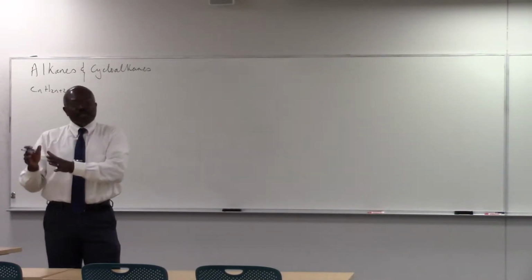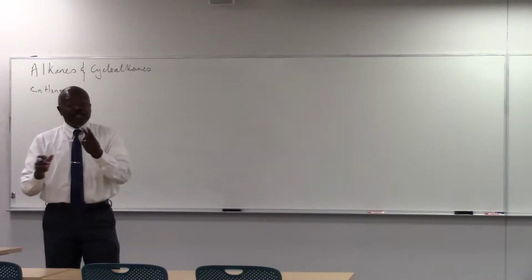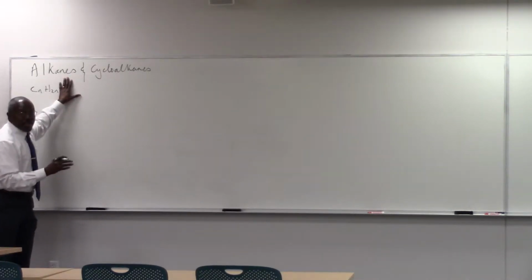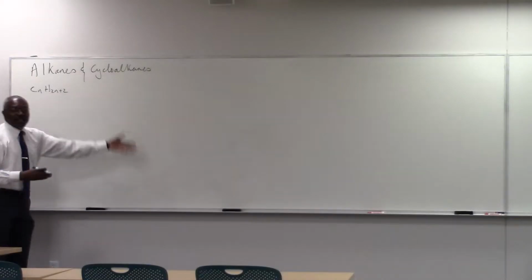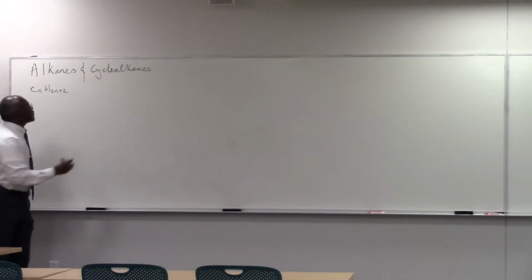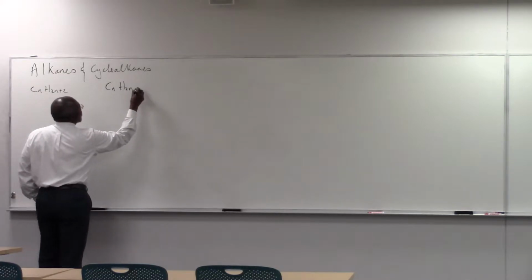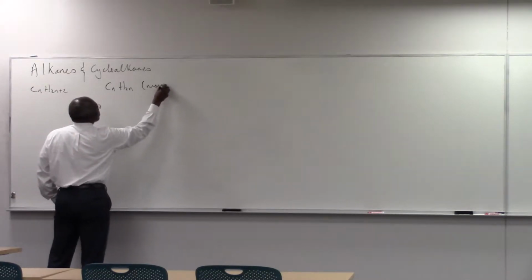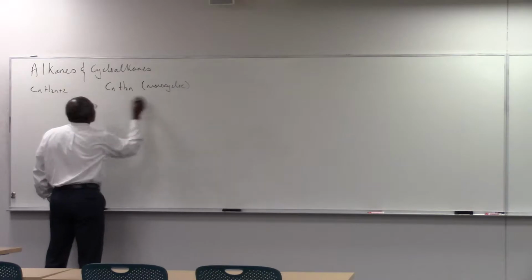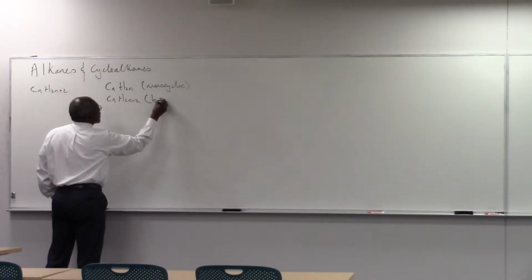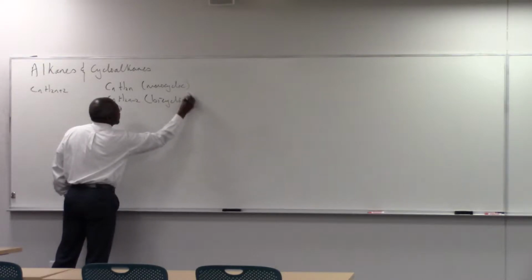So if I've got a monocyclic, then I'll miss two H's, so I'll be CnH2n. If I've got two rings, then I'm missing four H's, so I'll be CnH2n-2, and so on.